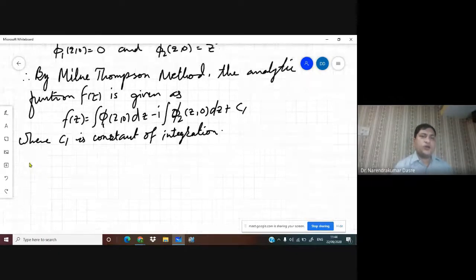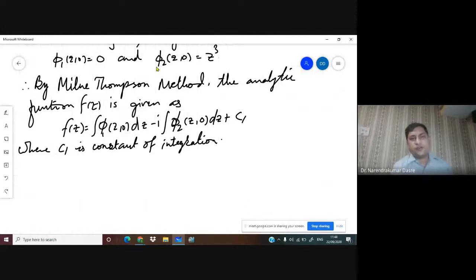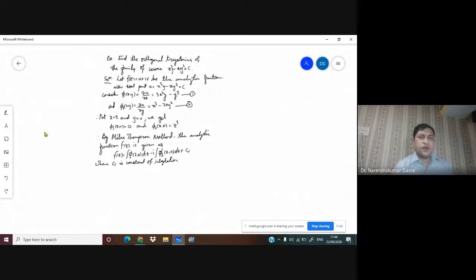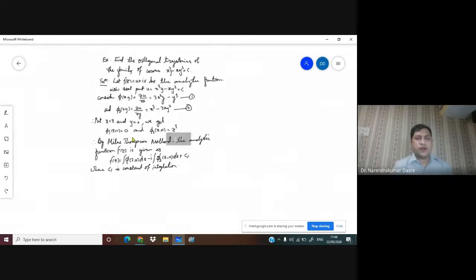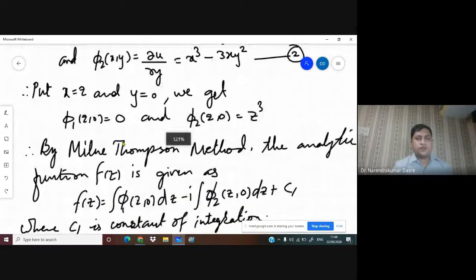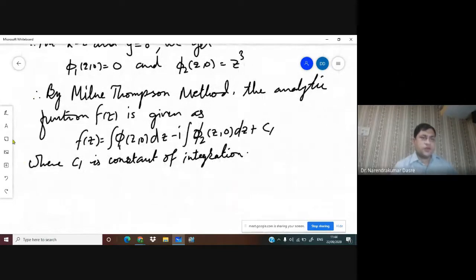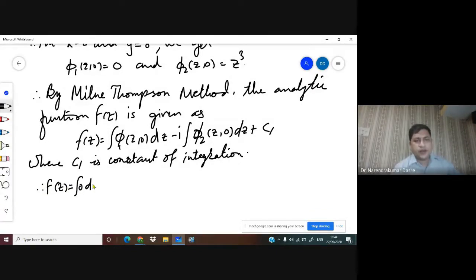Now we have to put in these values. Phi 1 we have, phi 2 we have, and hence we get f of z is equal to integration 0 dz minus i integration z cube dz plus c1.